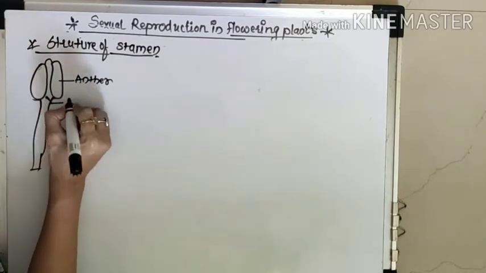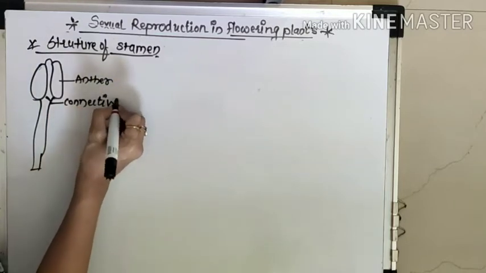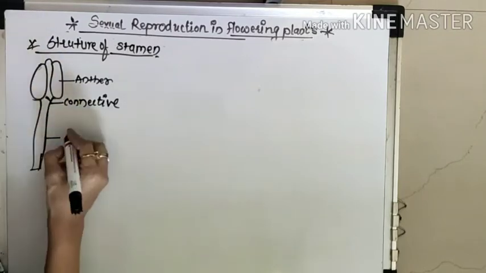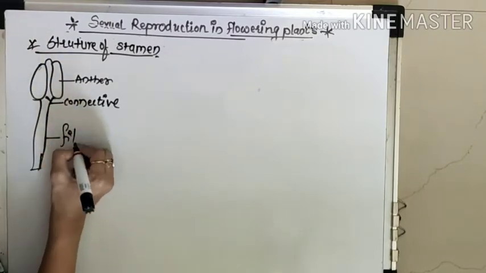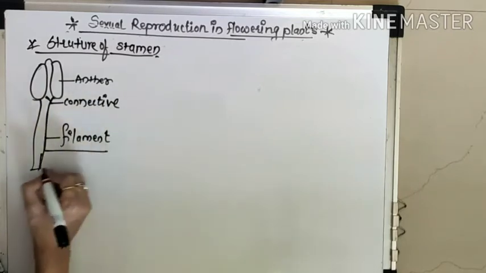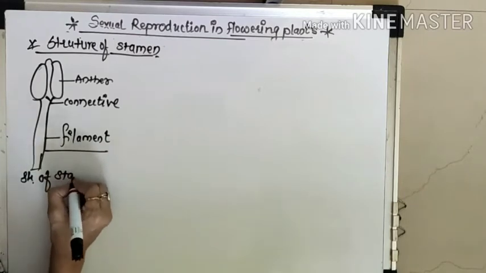This portion is called the connective, and this small thread-like structure is called the filament. This is the structure of the stamen.